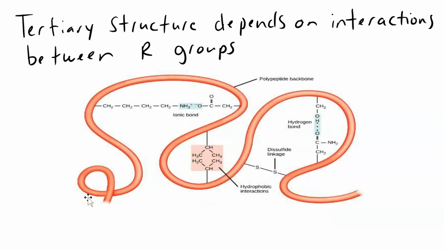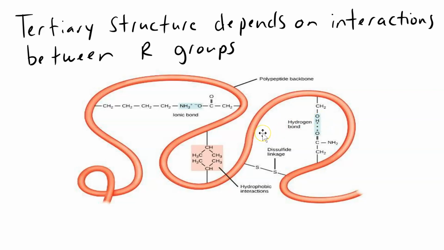There's also a third level of structure that occurs because of interactions between the R groups. You can see here, there are many different interactions that can occur. You can have ionic bonding between functional groups of amino acids. You can have hydrophobic interactions between amino acids. You can have disulfide bridges. You can have hydrogen bonding.